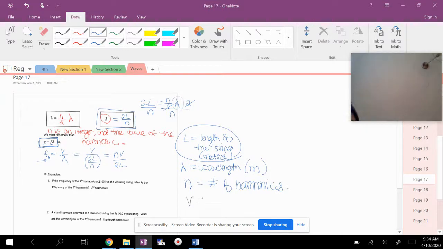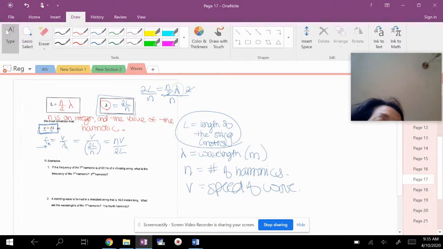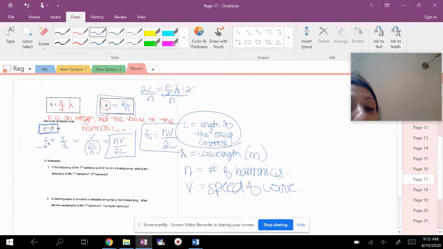Okay, and V is the speed of the wave, just like we described in the very beginning. Okay, so here is your equation for frequency of that harmonic. So I'm going to rewrite that just so you have it organized. Fn equals nV over 2L.